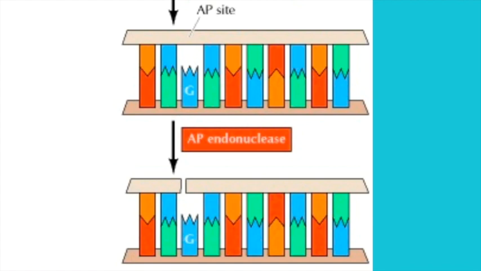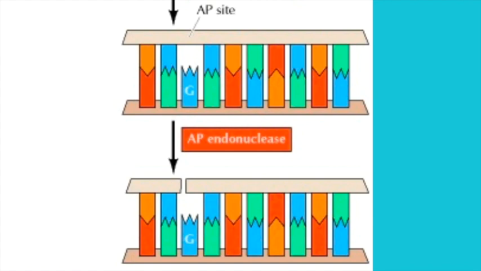An AP endonuclease identifies and creates a nick on the backbone of DNA. When I say it creates a nick, it means that an endonuclease breaks the phosphodiester bond between the two adjacent nucleotides.